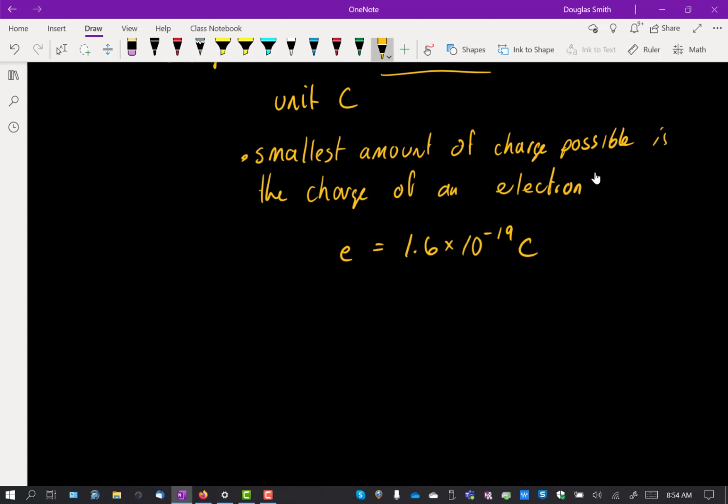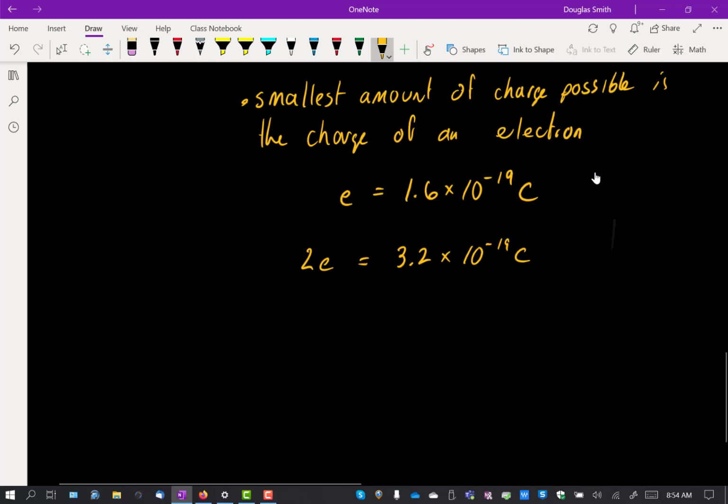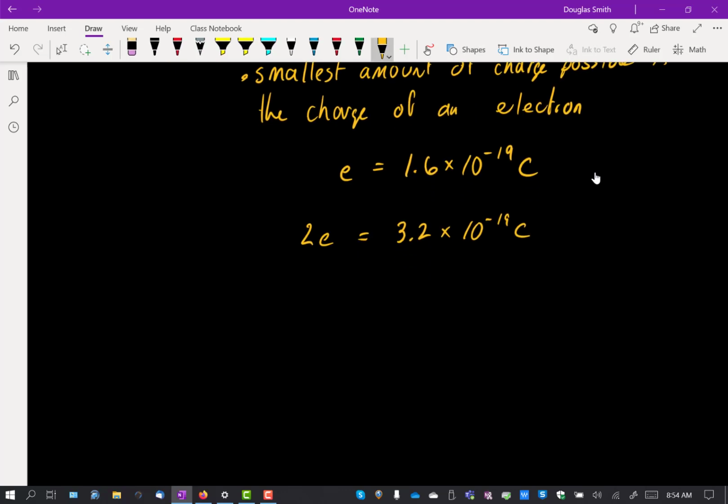So the charge of one electron is 1.6 times 10 to the negative 19 coulombs. And every bit of charge bigger than that is a multiple of electrons. So if you had 2 electrons, you would have 3.2 times 10 to the negative 19 coulombs, and it just goes up by that.